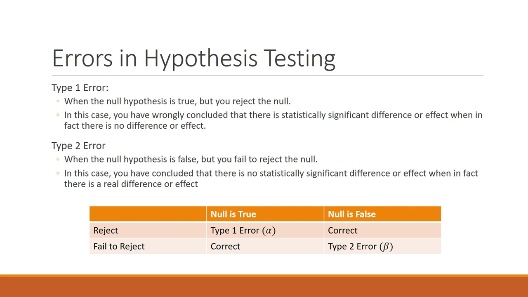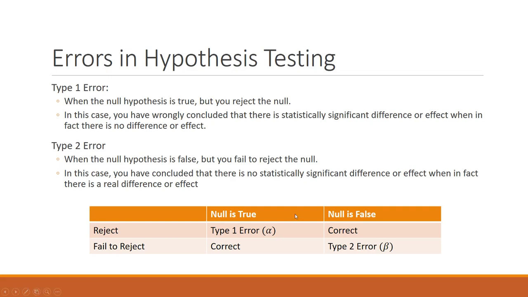Now, a nice way to see this is if we lay it out in the form of a table. So let's take a look at this table. There's two possibilities. The null is true or the null is false. In reality, either the null is true or the null is false. Using our example, either fertilizer has an impact or it does not. They both can't be true. They both can't be false. They're mutually exclusive.